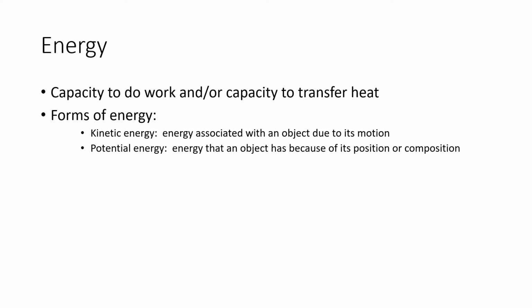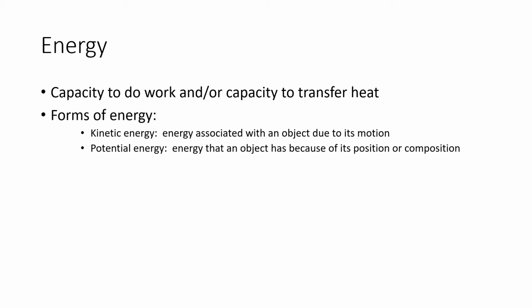So what is energy? By definition, the capacity to do work and/or the capacity to transfer heat. There are two general forms of energy we're going to look at with respect to what they're related to, and those are kinetic energy and potential energy.